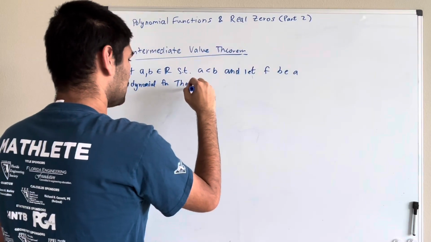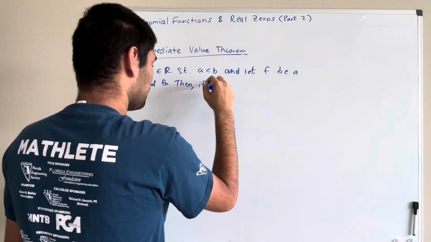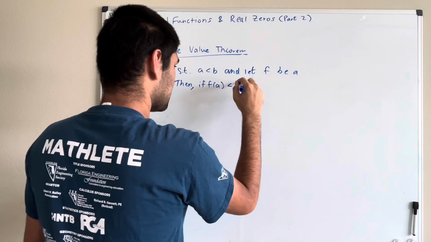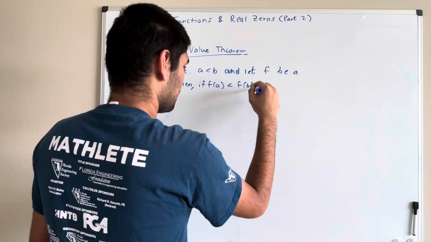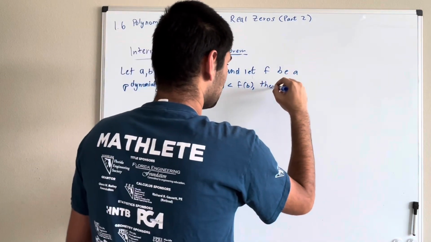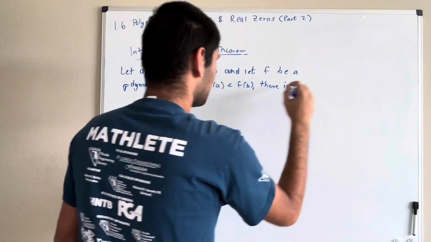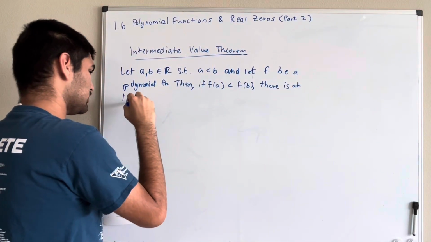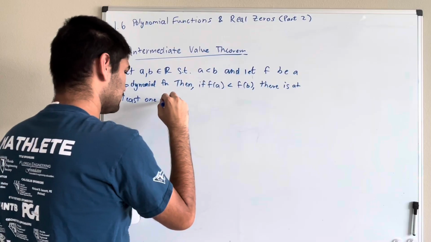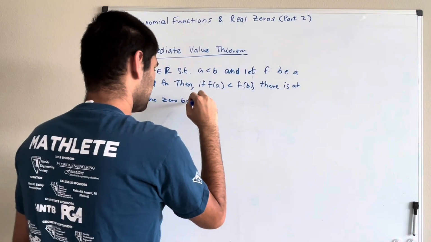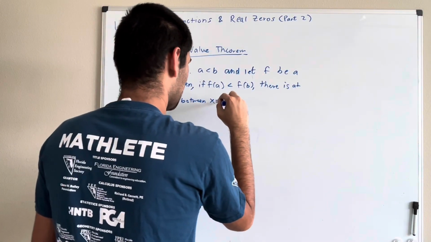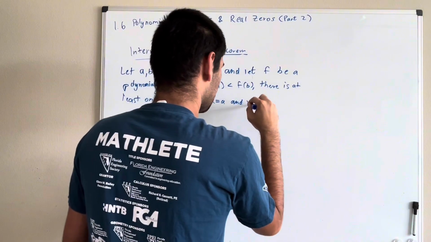Then if f of a is less than f of b, there is at least one zero between x equals a and x equals b.